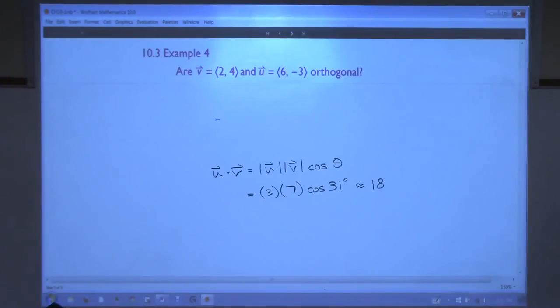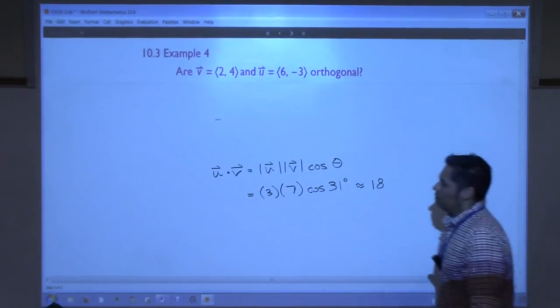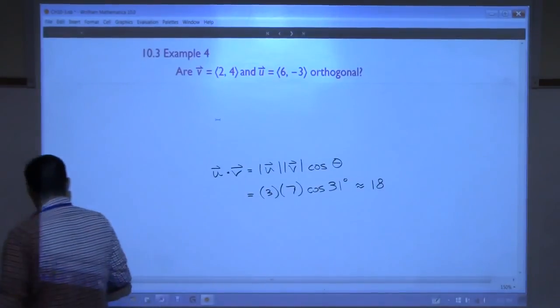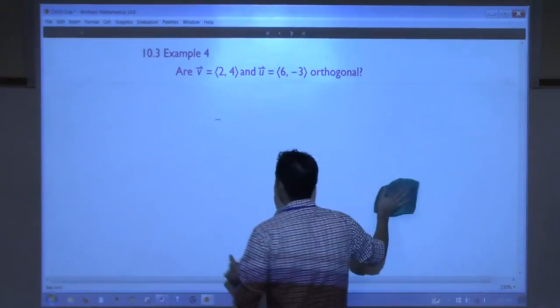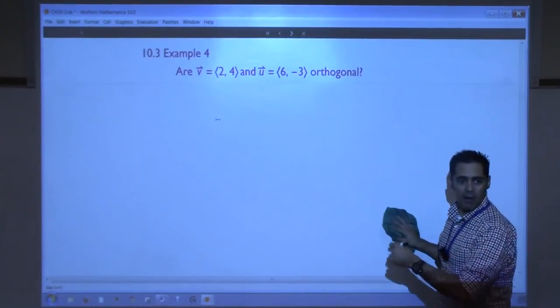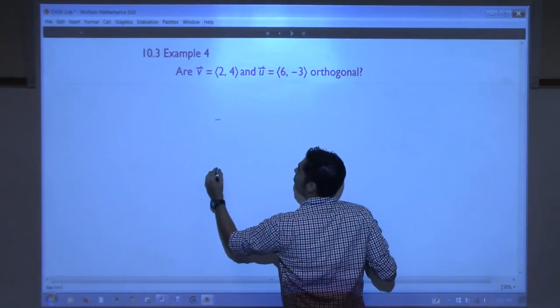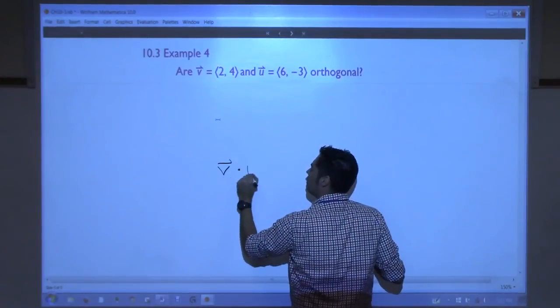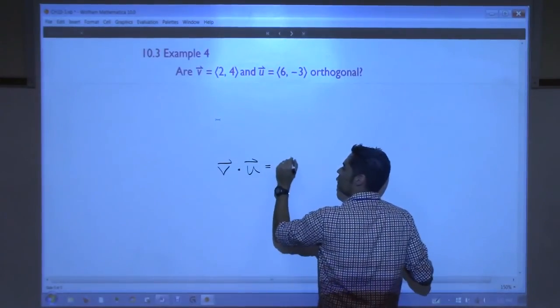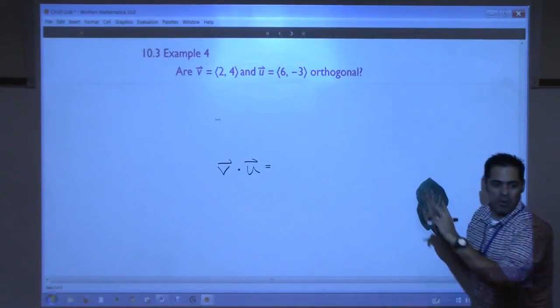Are these two vectors orthogonal or not? No? Why not? Okay, so all we have to do is check the dot product, right? Take the dot product, see if it's 0. Do I have to do U dot V or can I do V dot U? It doesn't matter which one I do, right?